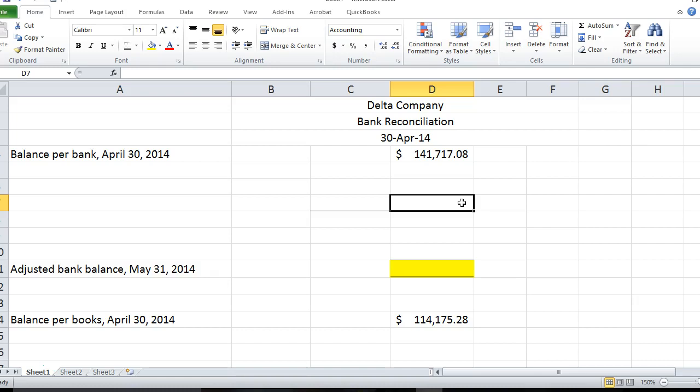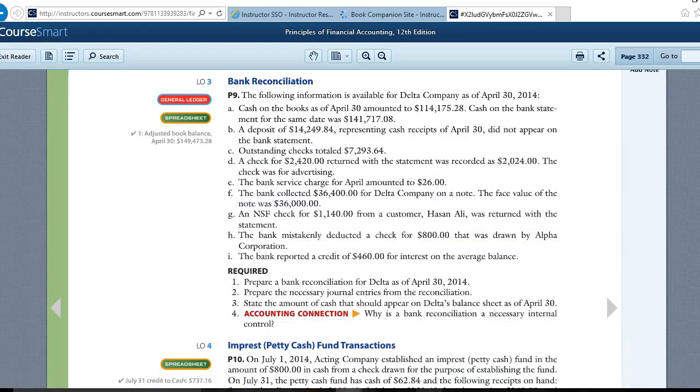Now we're going to do it the exact same way. The next thing it tells us, a deposit of $14,249.84 representing cash receipts of April 30th did not appear on the bank statement.